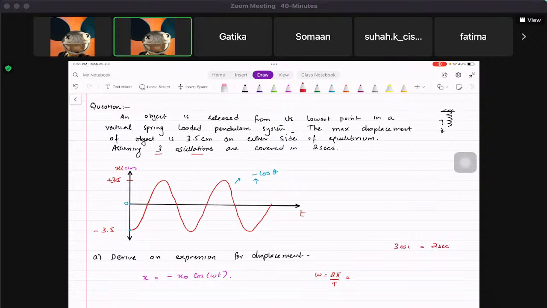Then what about 1 oscillation in how many seconds? We can cross multiply this. So 1 oscillation will be equivalent to 2 by 3. Is it clear? So that's the time period. Everybody understands this?